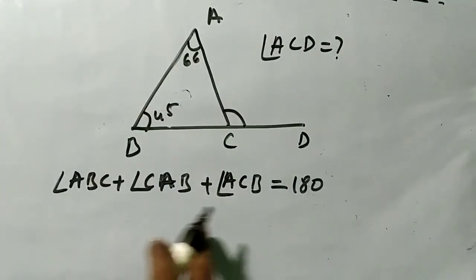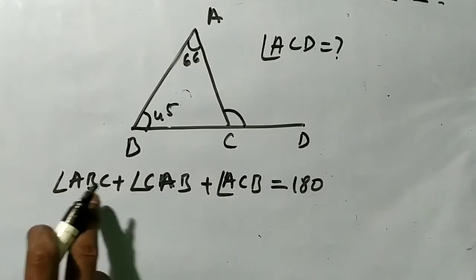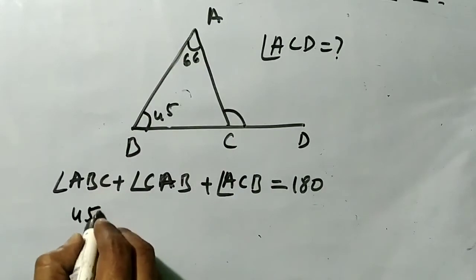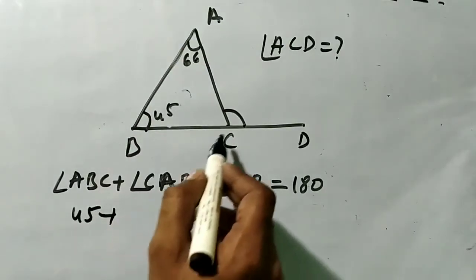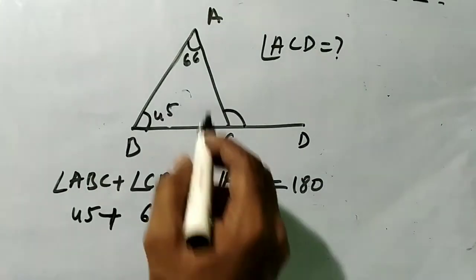Angle ABC is equal to 45. Angle CAB is equal to 66. Angle ACB we don't know here.